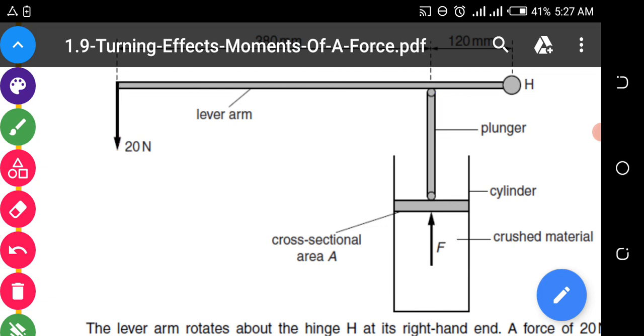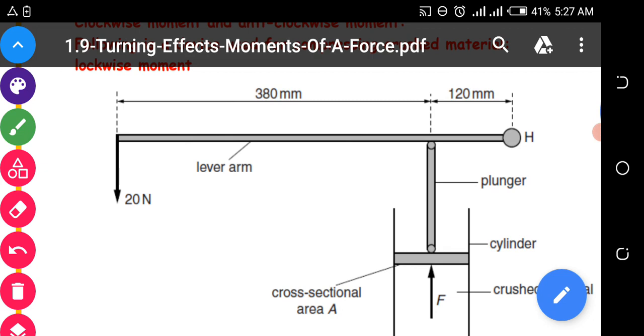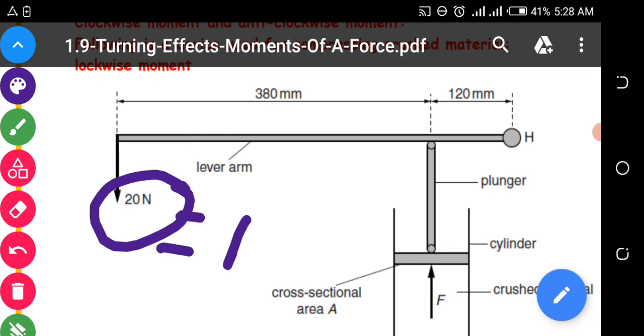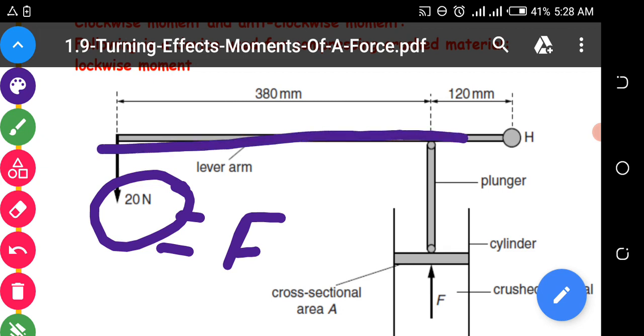So now, what moments are being produced? Let's start with the moment as a result of this 20 Newton force. This 20 Newton is a force that's acting on this lever and it's making it turn at this hinge.